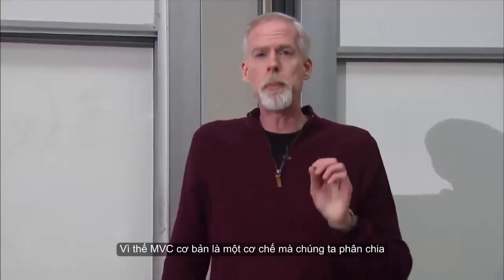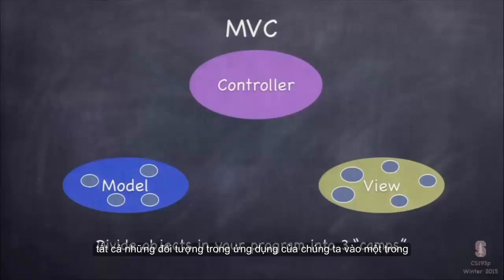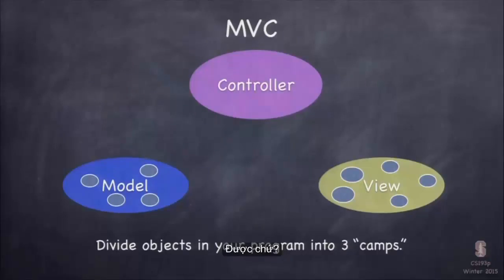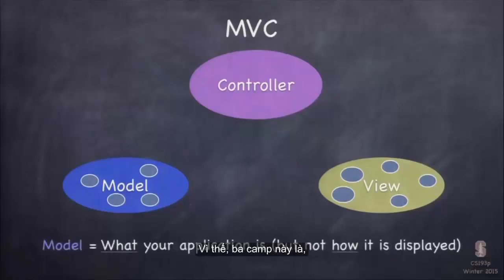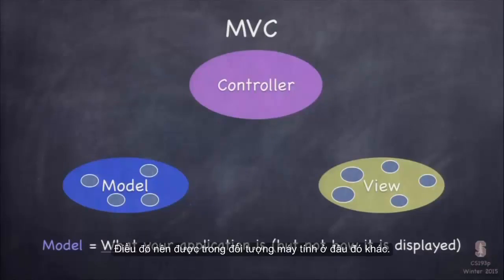So MVC is basically a mechanism where we divide up all the objects in our application into one of these 3 camps. On the left there you see the model. The model camp is going to be all the objects that are what your application does. For our calculator, it calculates. That's what it does. So all the parts where we're doing perform operation and all that stuff, that's all calculator stuff. That should be in a calculator object somewhere else.